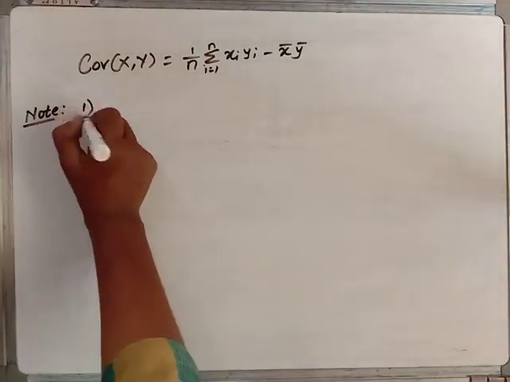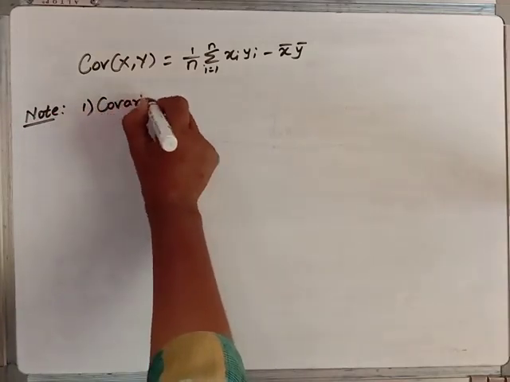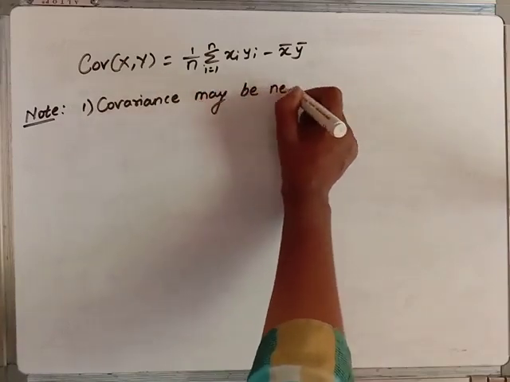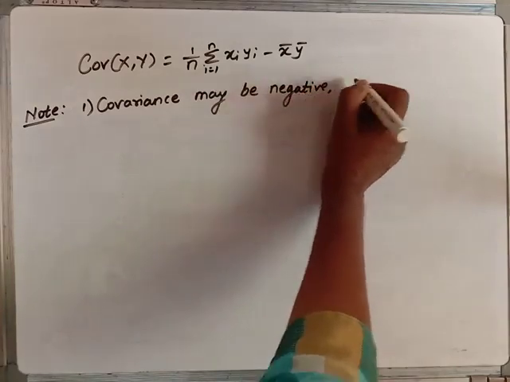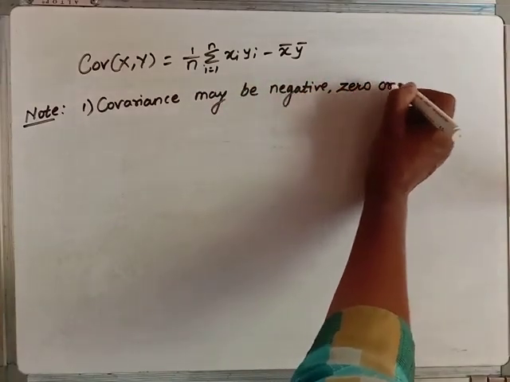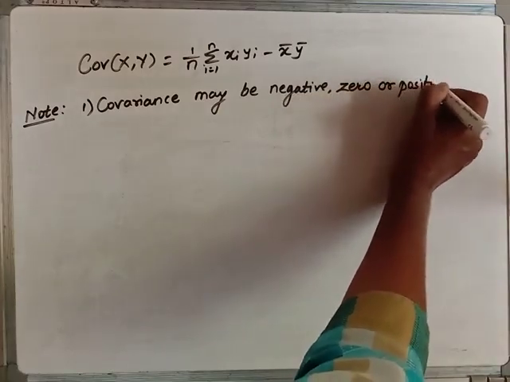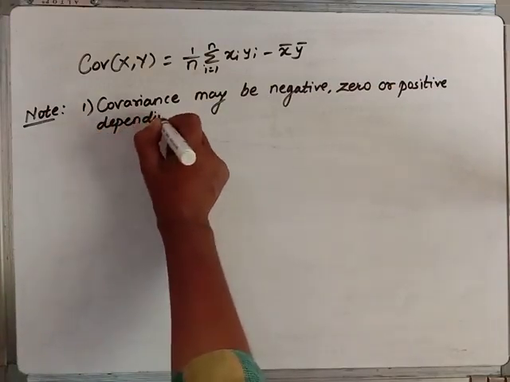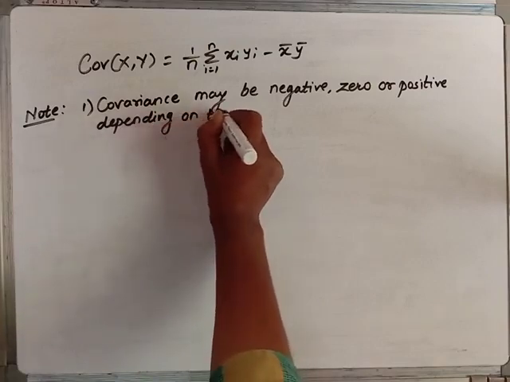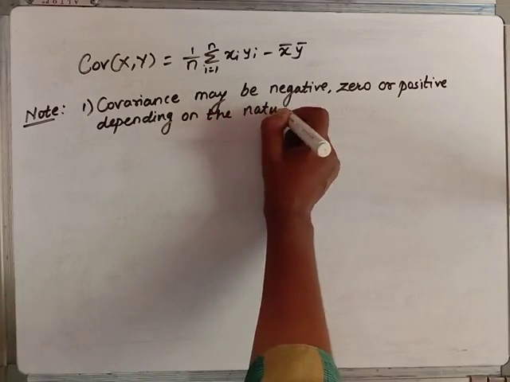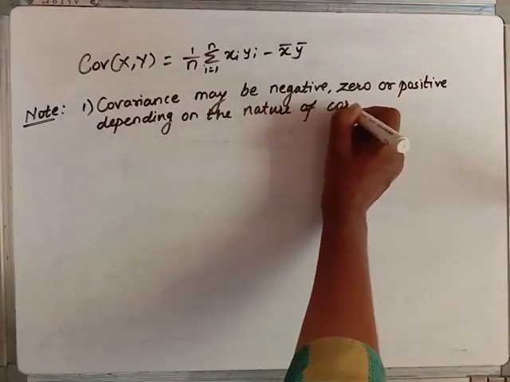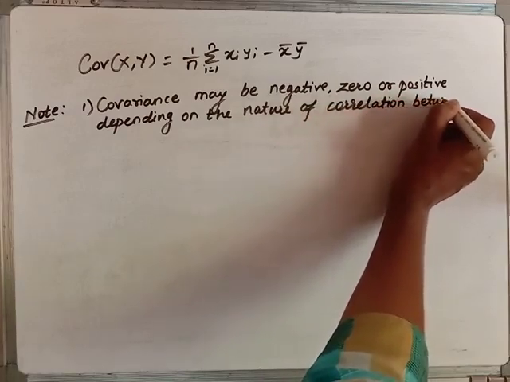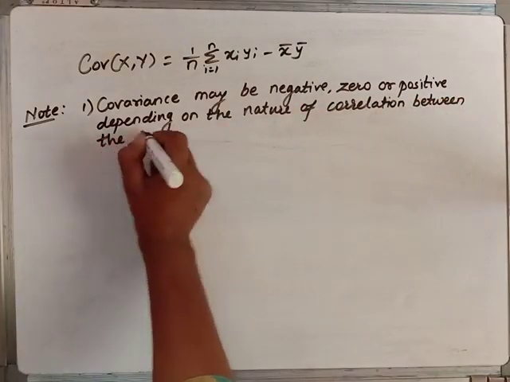Note first, covariance may be negative, 0 or positive, depending on the nature of correlation between the variables.